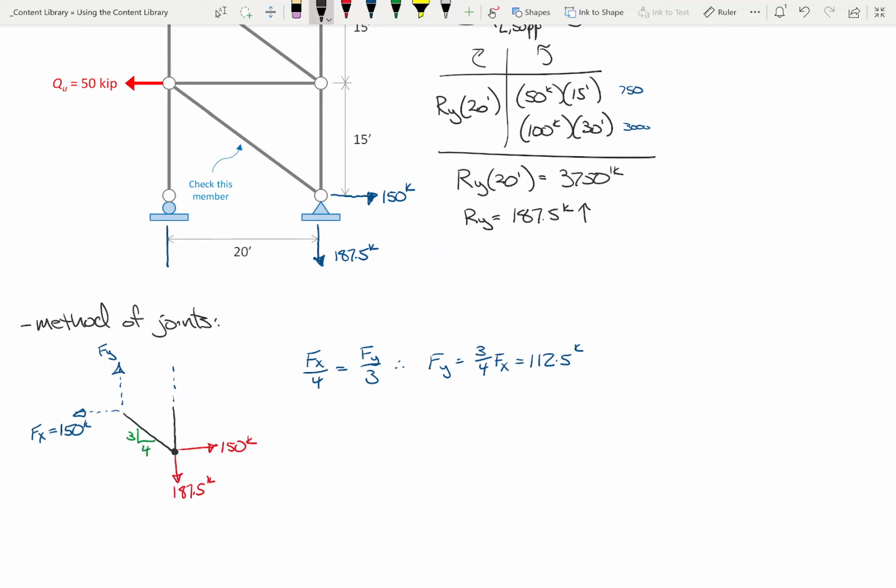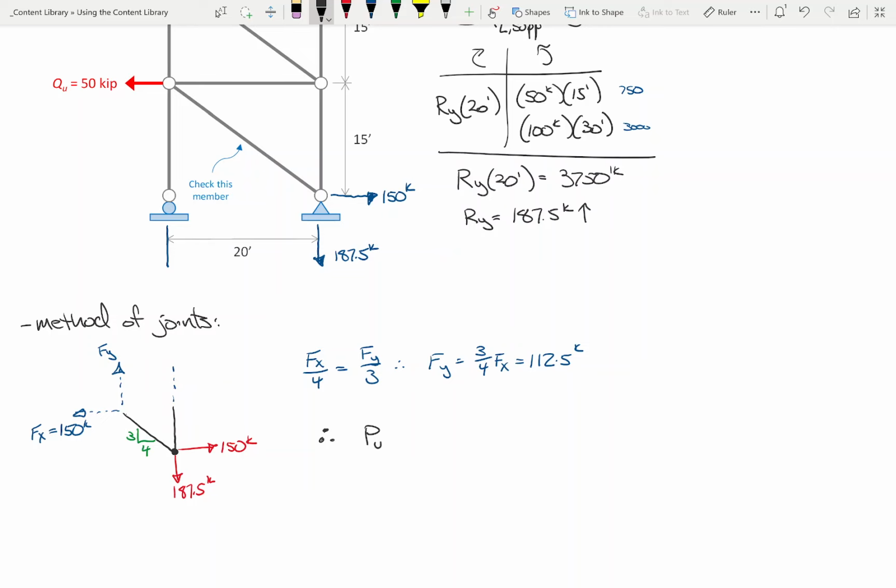So therefore, what's the internal force inside this member? How do I do that? Break out that old Pythagorean theorem, right? And that, by the way, is our load inside the member.